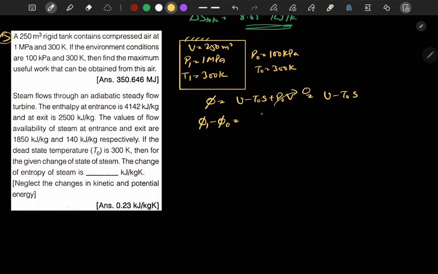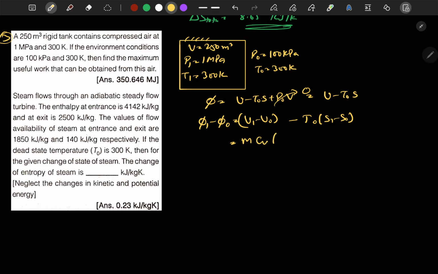We will be calculating U1 minus U naught minus T naught times S1 minus S naught.